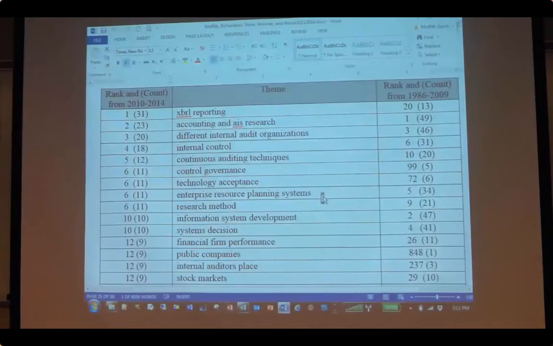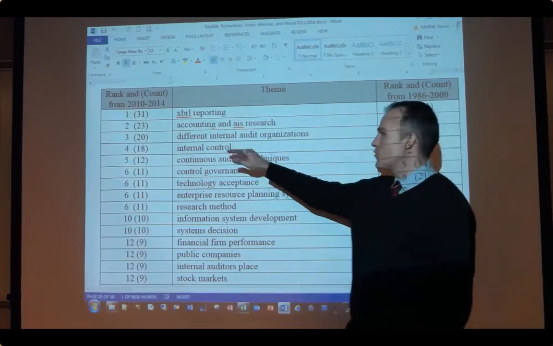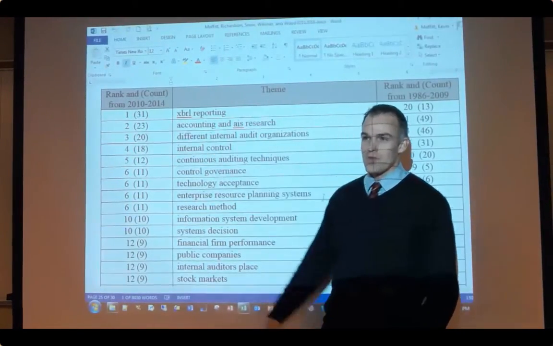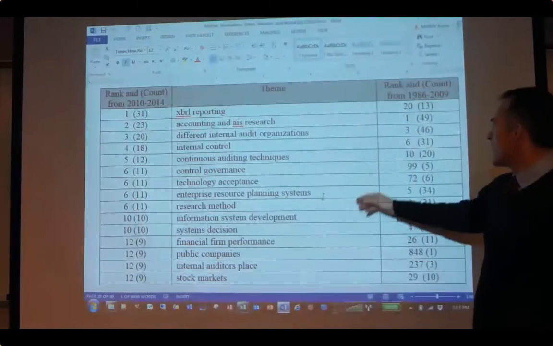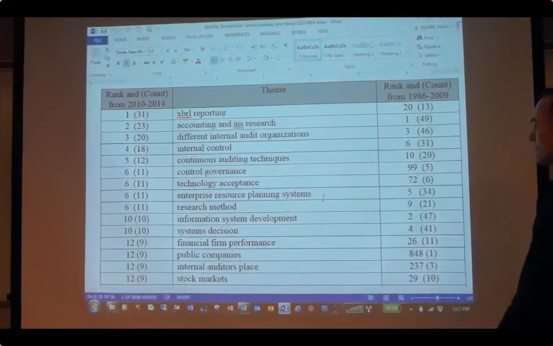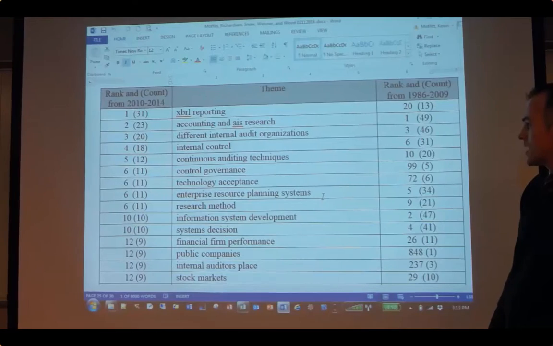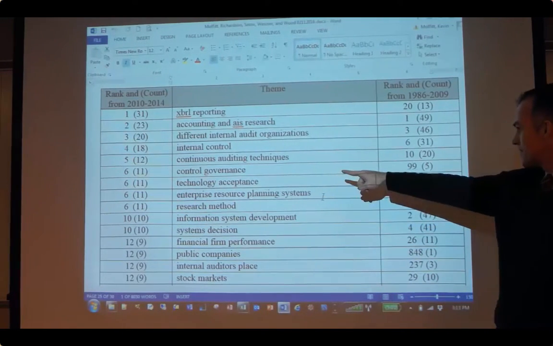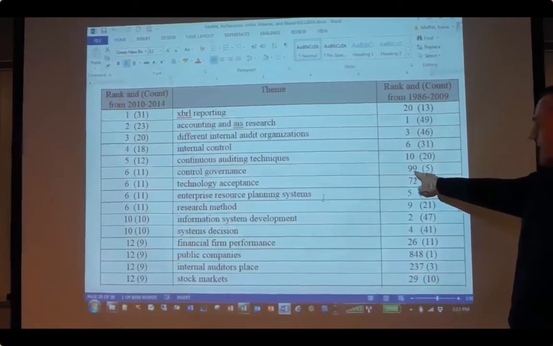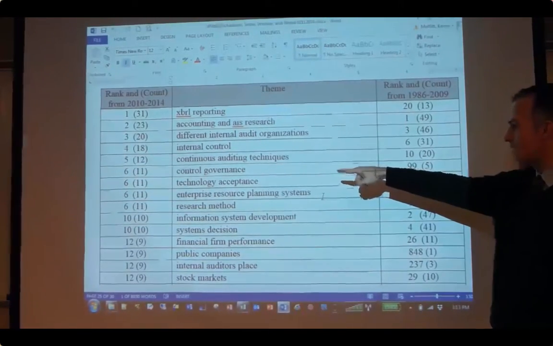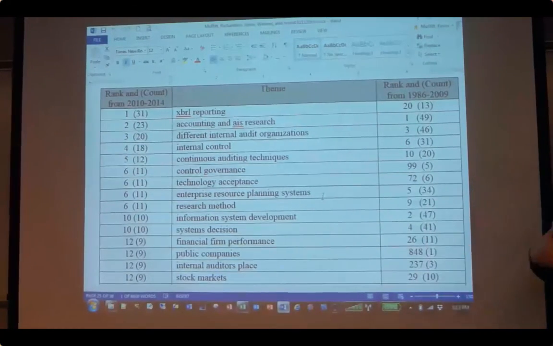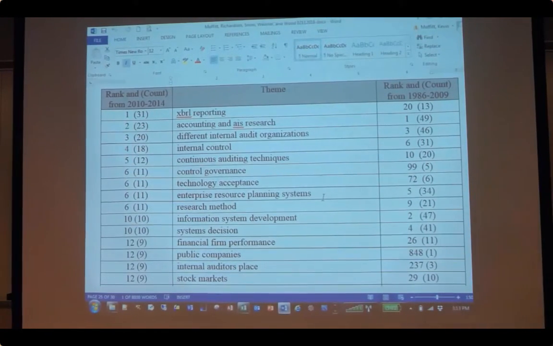And this table goes in the reverse. It takes the most recent topics and orders them from 1 to 20, and it compares how they were used in the past. Control governance is hot right now, but it wasn't. It has 11 counts in the past 5 years, and only 5 mentions in the 24 years before that.